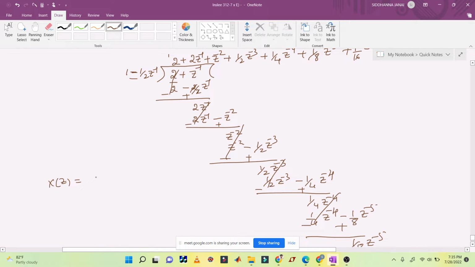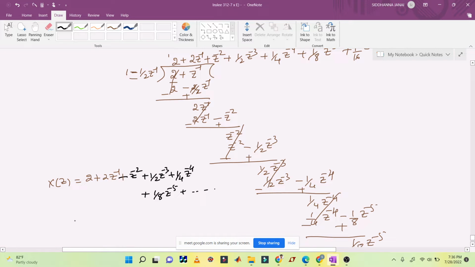X of z is equal to 2 plus 2z inverse plus z inverse square plus 1 by 2 z to the power minus 3 plus 1 by 4 z to the power minus 4 plus 1 by 8 z to the power minus 5, likewise.